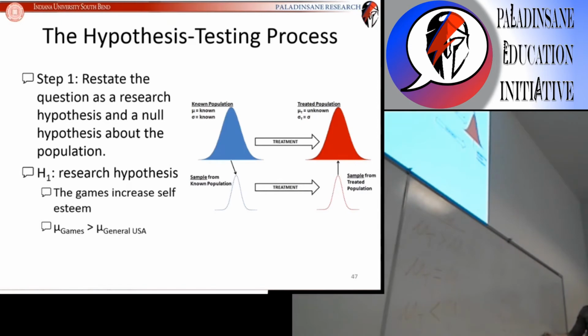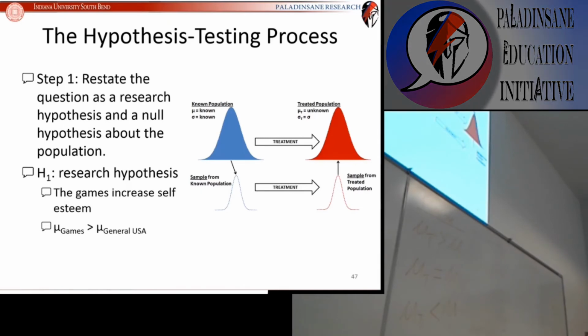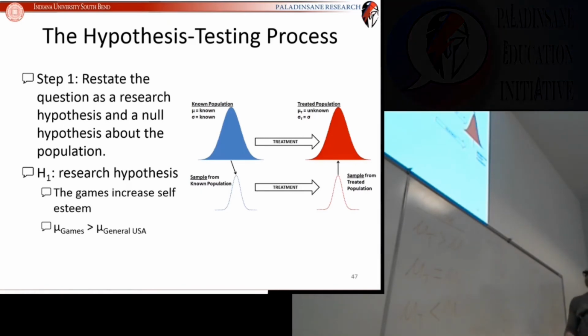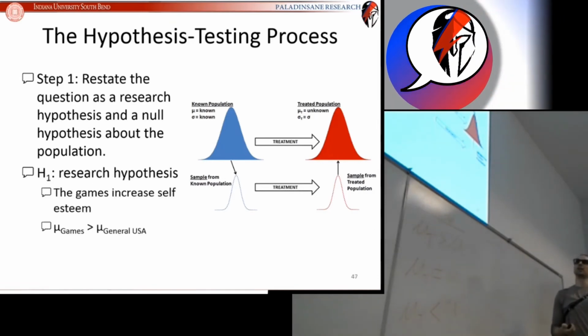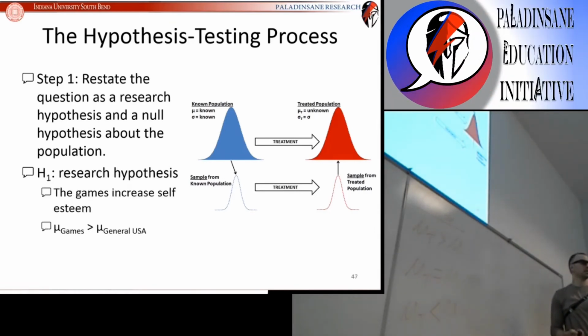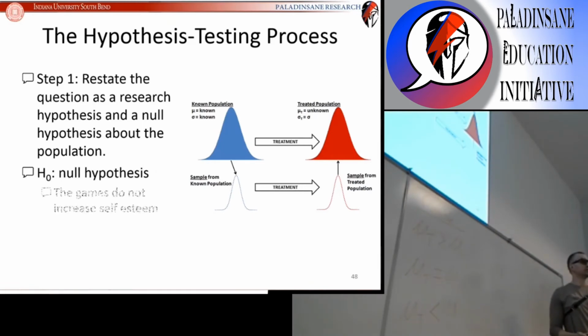The null hypothesis has to be everything else, the opposite. So your null hypothesis becomes that the games do not increase self-esteem. And notice, this is not decrease self-esteem.